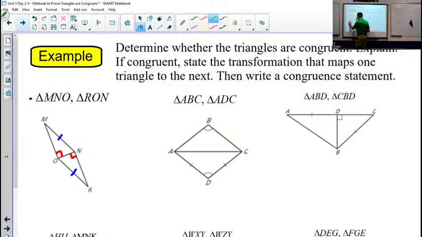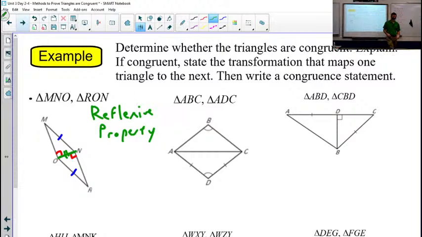And we also have this side, O to N, that is shared between the 2 triangles. It is a common side in both triangles. So it has to be congruent to itself. That is the reflexive property.